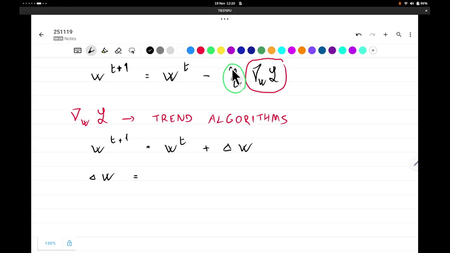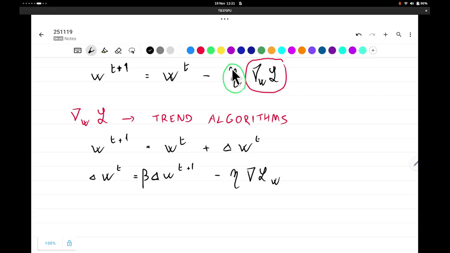Oh, maybe I put an index here as well. So this update will change in time, so it will be the update at the previous step plus something, and here there is a coefficient, say beta.